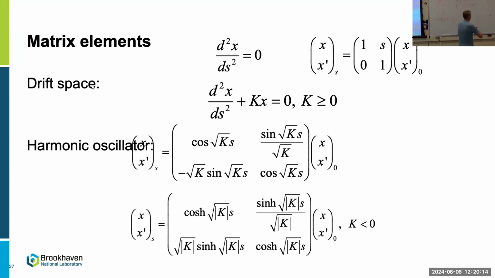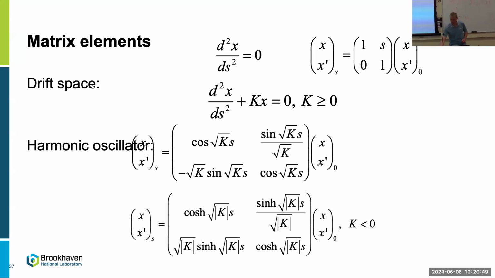Then you go around the circle to construct the entire transfer matrix for the entire accelerator, whether it's the LHC or RHIC or the EIC, just remembering that this coefficient K has a periodic structure, where C is the circumference of the machine.